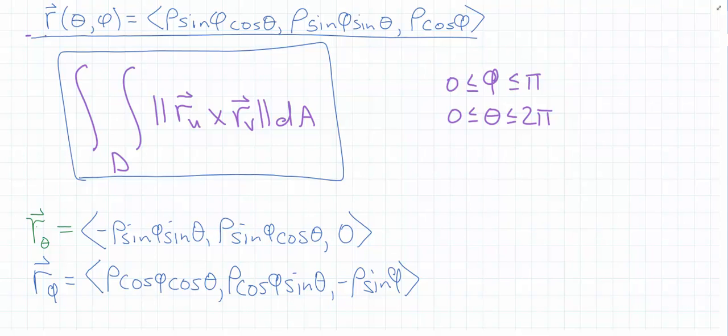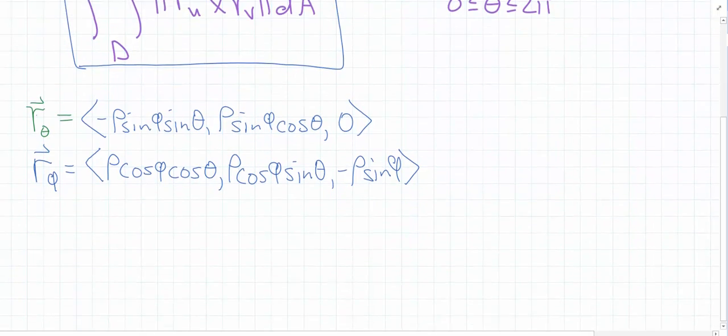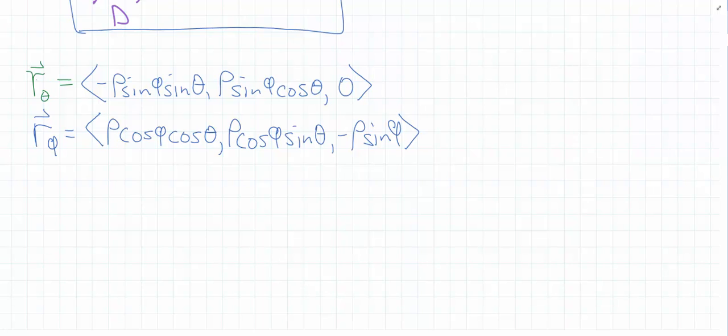I'm going to do that and then take the magnitude of it before I talk about the integral. Now, to do this cross product, I want to give myself as much room as possible here. So I've got r theta cross r phi. I've got i, j, and k.